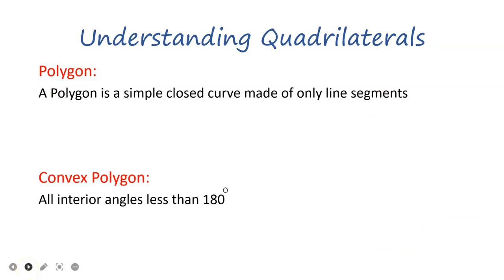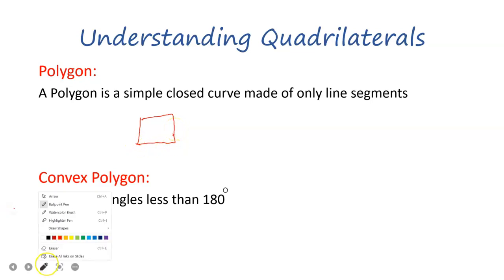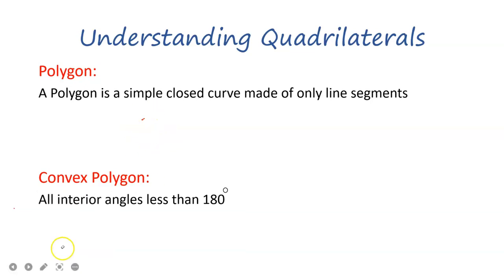And then the polygon. What do we mean by a polygon? A polygon is a simple closed curve, and that too it should be made up of only line segments. For example, as we have already discussed, we can take the example of a square. I'll draw neatly.